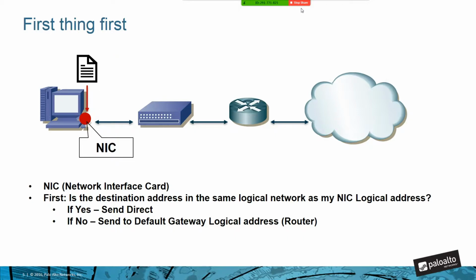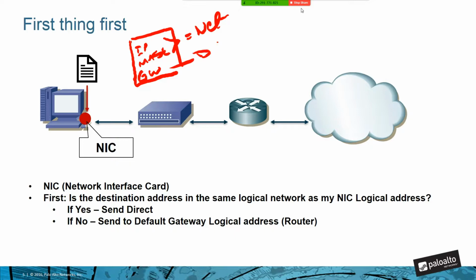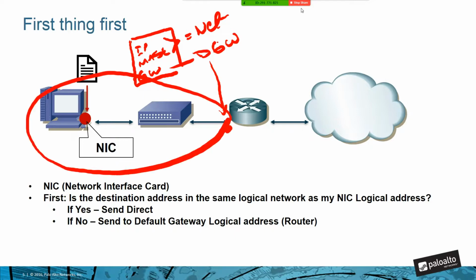The NIC has already been pre-configured, and typically when you configure the NIC, you will give it its own IP address, you will give it the mask, and these two will tell you which network you belong to, and then you give it a default gateway. The default gateway happens to be the IP address of the interface in the router which takes care of the network that you belong to.